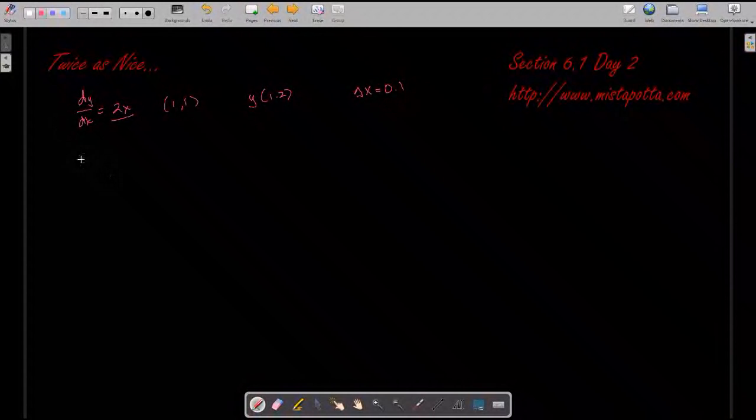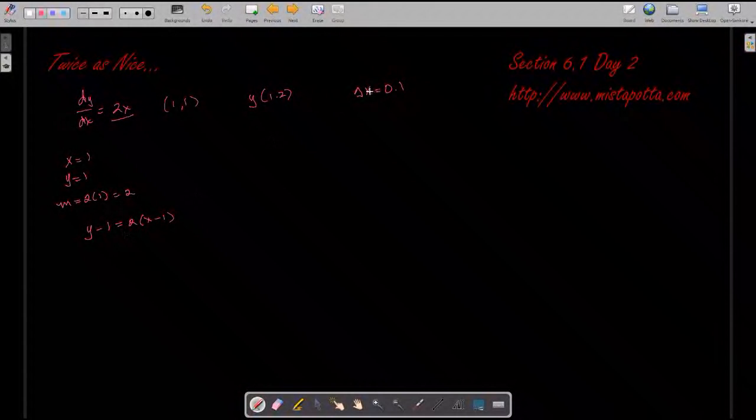So I'm starting off with my original x coordinate. X was equal to 1, y is equal to 1, and my slope is 2 times my x coordinate. My slope is 2. And this tangent line is the exact same tangent line we just talked about.